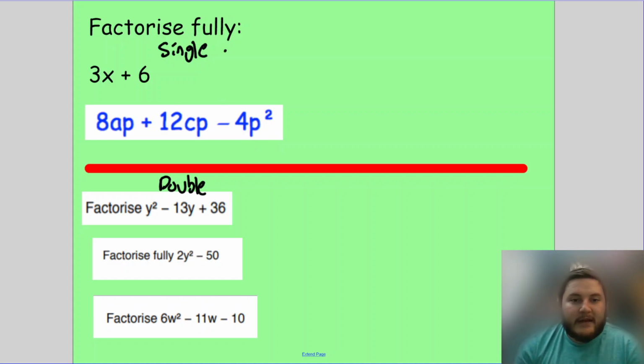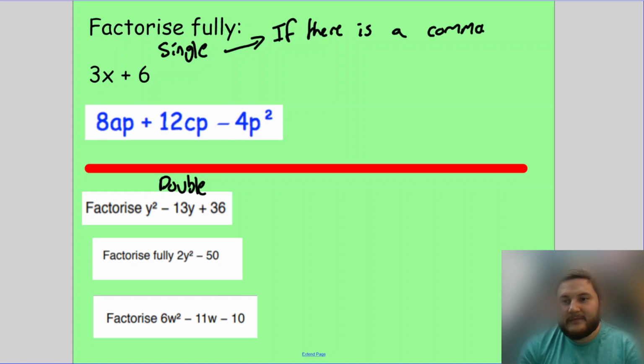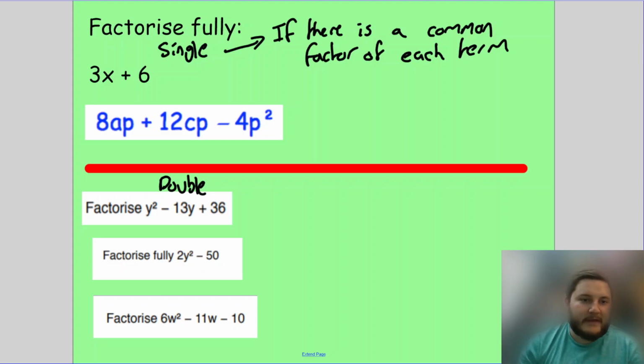The rule is, and this is definitely something to remember, it will always be single bracket if there is a common factor of each term. What do I mean by this? Well, look at this first expression here.